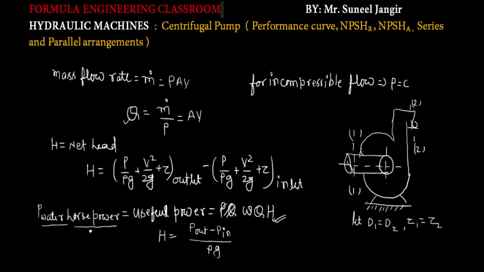Again, it doesn't matter which type of fluid is flowing, water or some other fluid, every time we call this water horsepower. It also doesn't matter what the units of power are. So it doesn't depend on the type of fluid or the unit of power. Every time, this useful power delivered to the fluid by the pump is traditionally termed water horsepower.